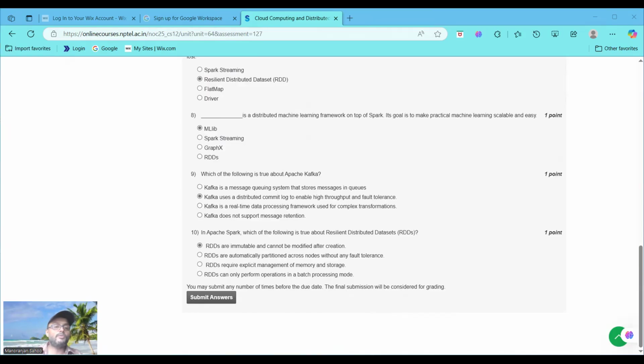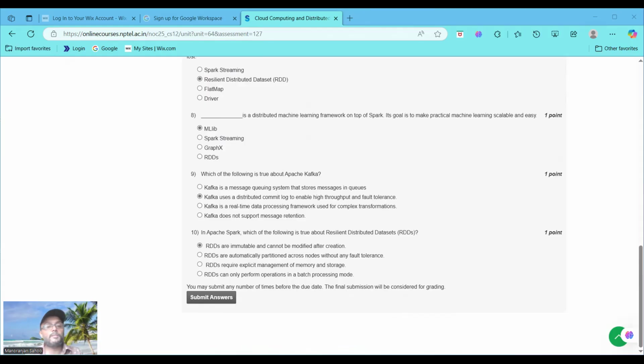Option A. Why do we choose option A? Because RDDs are immutable, meaning once created, they cannot be changed. Transformations create new RDDs. Option B says RDDs are partitioned and fault tolerant, reconstructible via lineage.